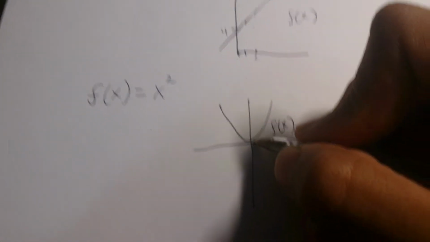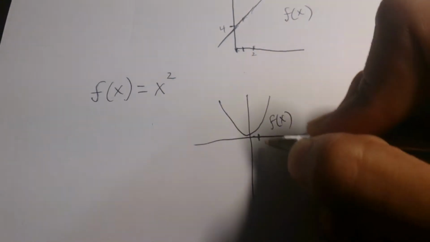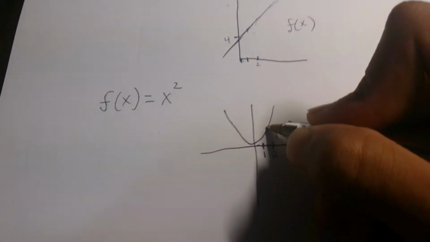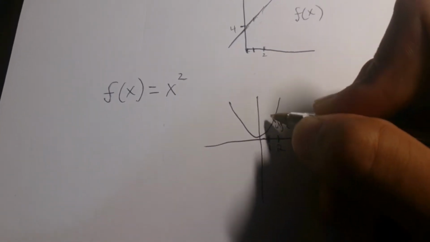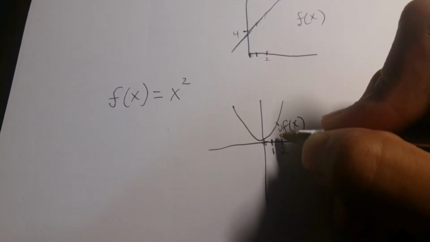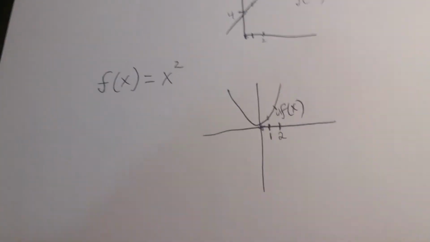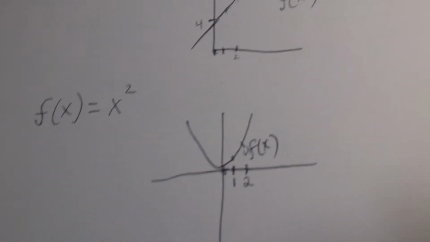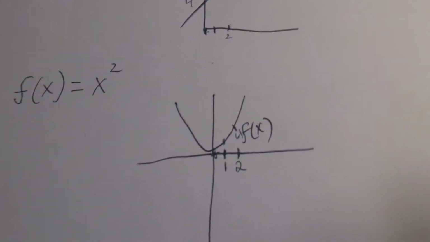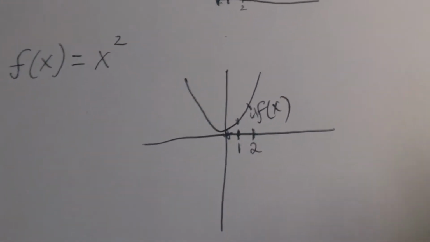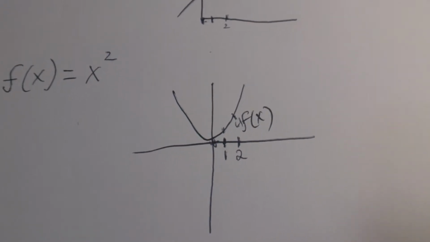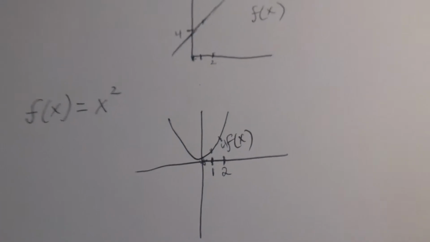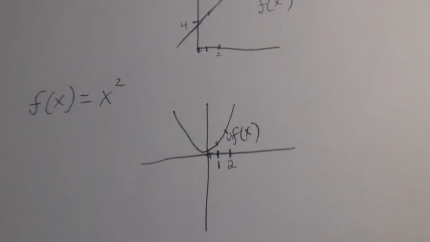Well, when x is 0, y is 0. When x is 1, 1 squared is 1. When x is 2, 2 squared is 4. Hold on a minute. So we've gone from 0 to 1 to 4. Y seems to be jumping ahead of itself here. It's not increasing at the same rate, because y was 0 when x was 0, then y was 1 when x was 1, and suddenly y became 4 when x was 2.